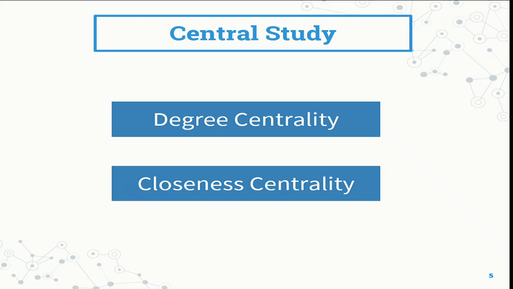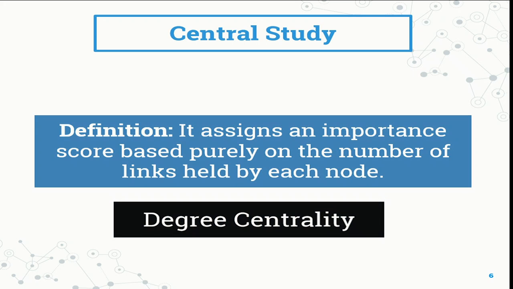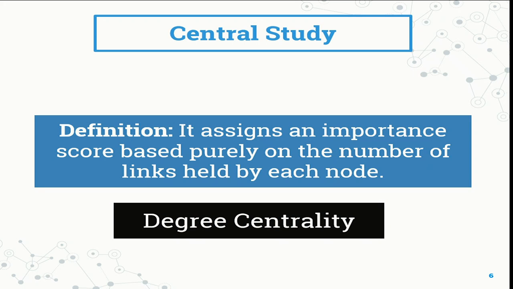So what is degree? For degree, you want to assign an importance score based on the number of links held by each node. In common sense, it is how many direct connections each node has to other nodes within the network. Why do you need to do that?